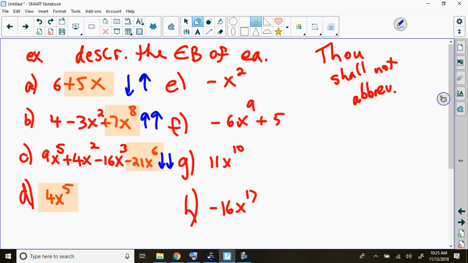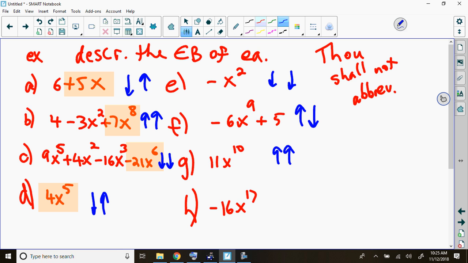Down and up. Down and up. What about number E? Down and down. Number F? Up down. Number G? Up and up. And number H?